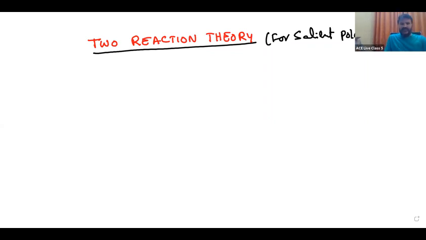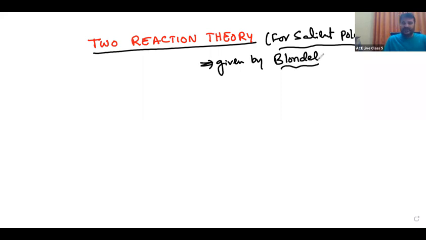Two reaction theory is required for salient pole synchronous machines, and this is given by Blondel. That is the reason it is called the Blondel two reaction theory.